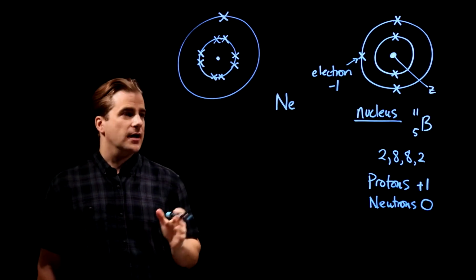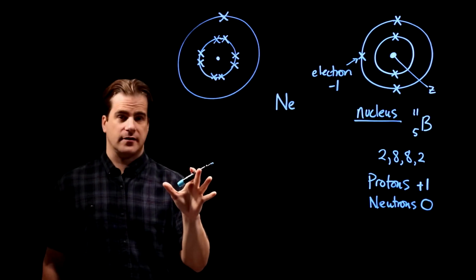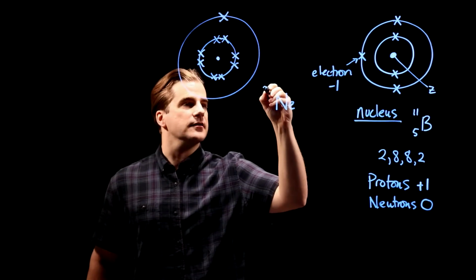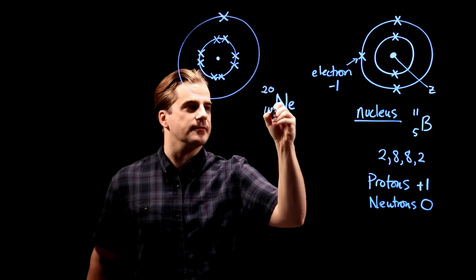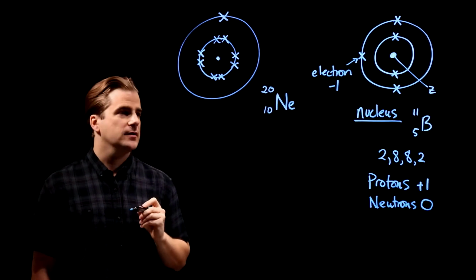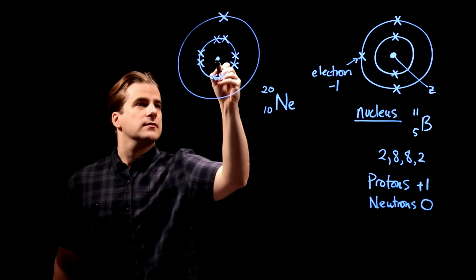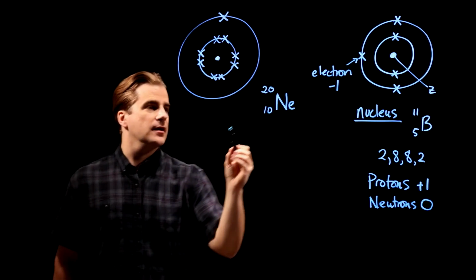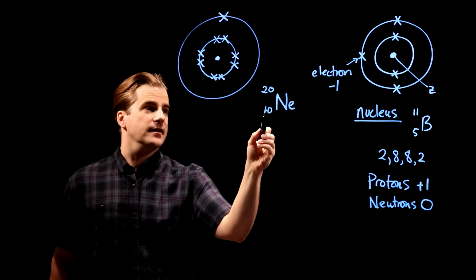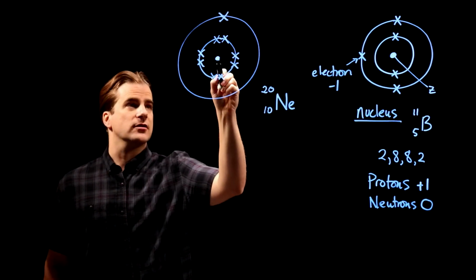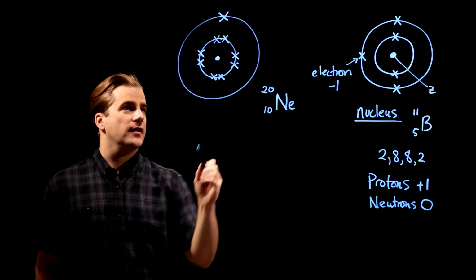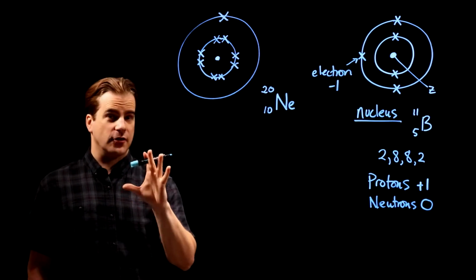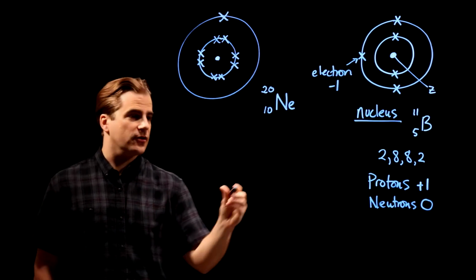So, again, look at your periodic table and you will see that neon is 20, 10. Okay? So, there are 10 protons in the nucleus. There are 20 minus 10, which equals 10 neutrons. And therefore, there are 10 electrons in the correct version.